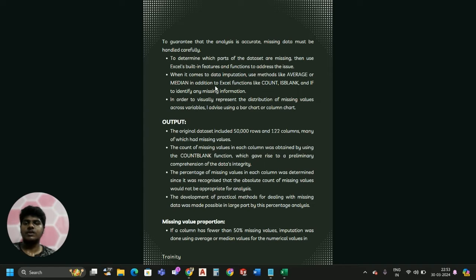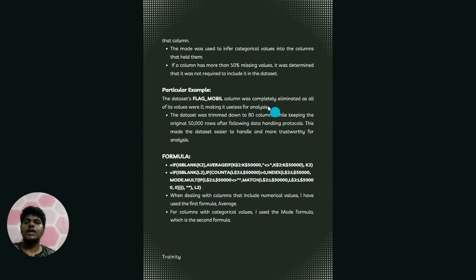Based on the missing value proportion, where a column's missing values are less than 50%, imputation was carried out using the average or median for numerical values. Categorical values were imputed using the mode. It was decided that a column was not necessary to be included in the dataset if it had more than 50% missing values.